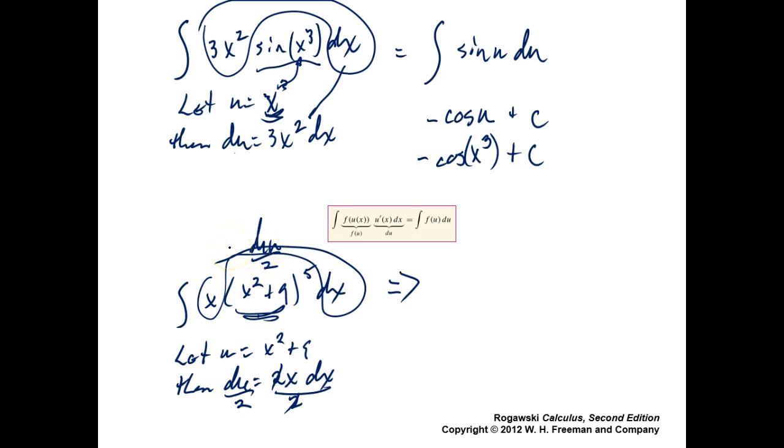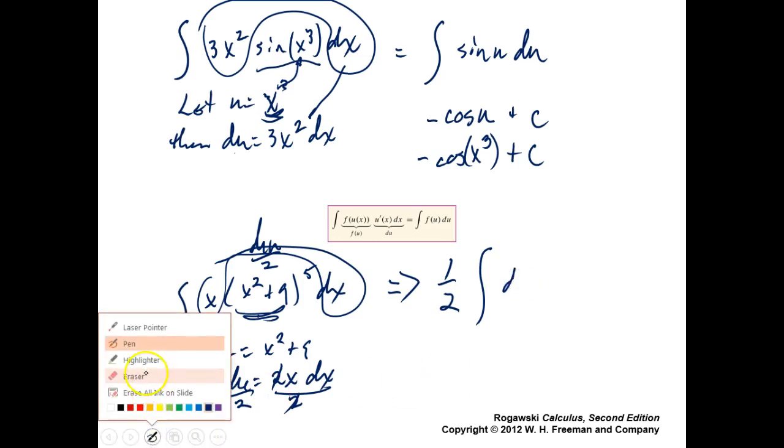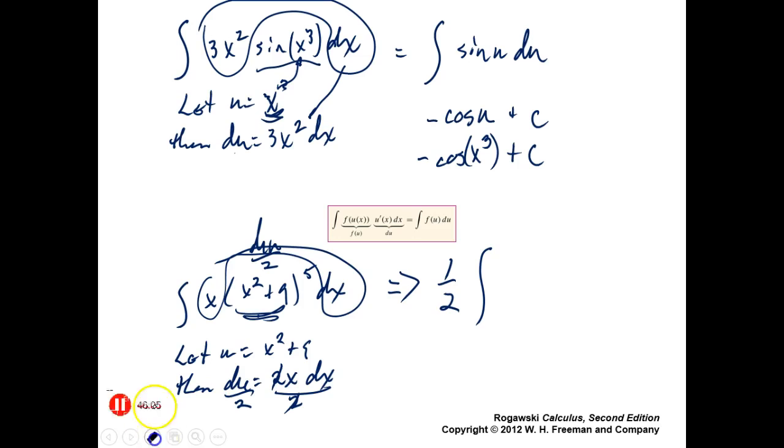So let's take that 1/2 out front. You don't need that in the integral, do you? And you have the integral of u to the 5th power du. Do you buy that? This is u to the 5th power, and this is du over 2, so I'll pull the 1/2 out front and leave the du. You see that this is that substitution.